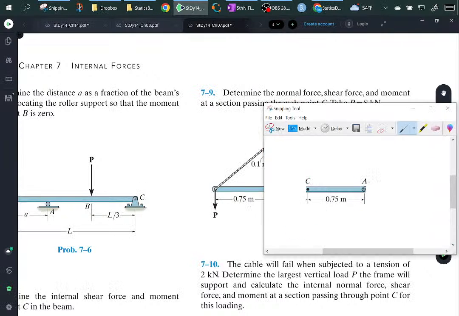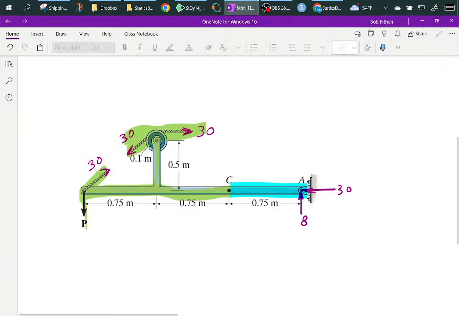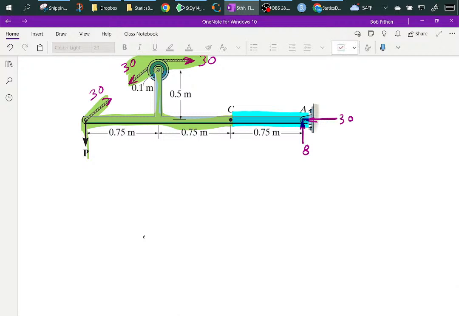That's what I'm going to look at. You're free to do the other one if you want to. I'm not going to. So here's what I got: 30 and 8.